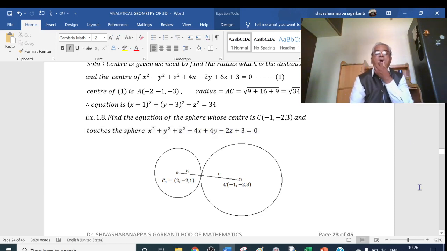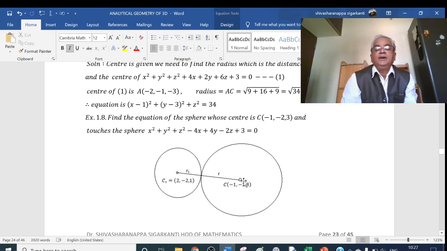So this is my sphere. Center is given as (-1, -2, 3). If I find this radius r, then I can write the equation of the sphere. One condition is given: this sphere touches another sphere, whose equation is given here.